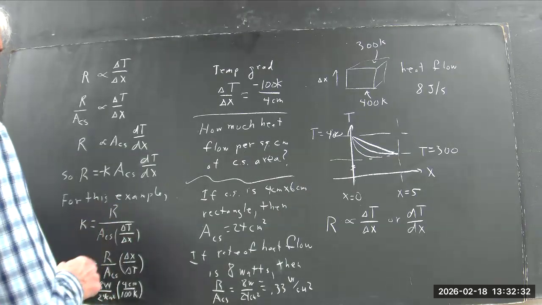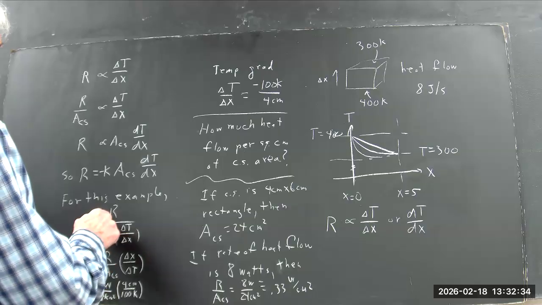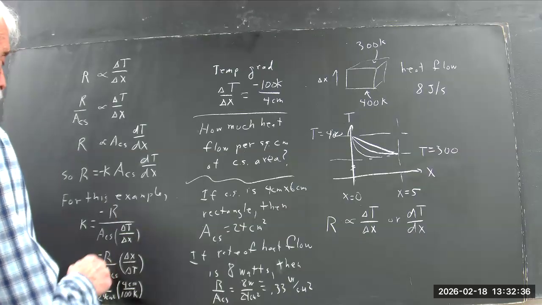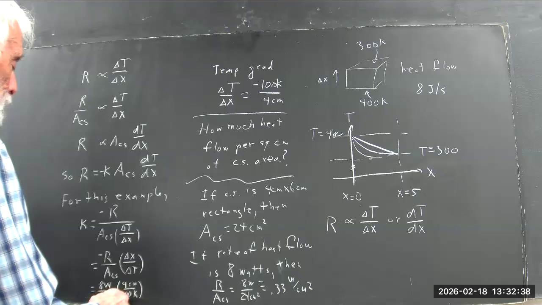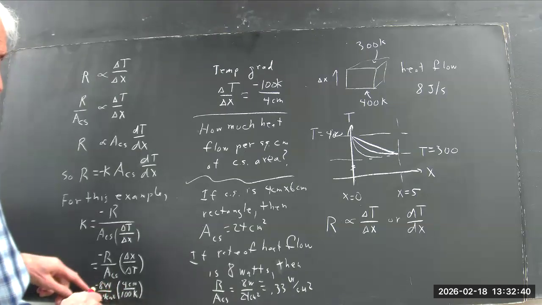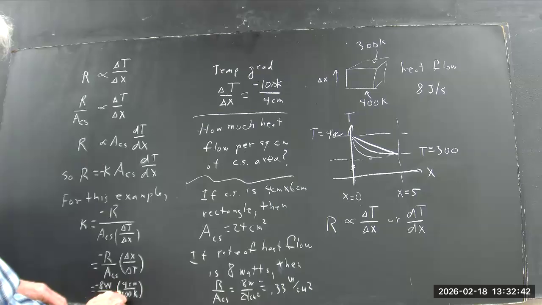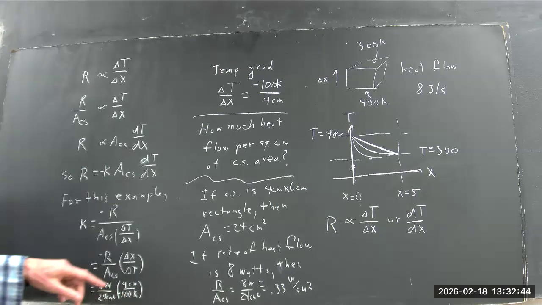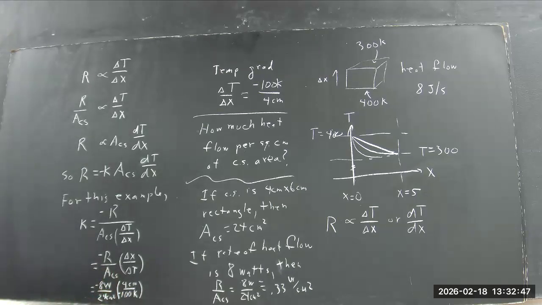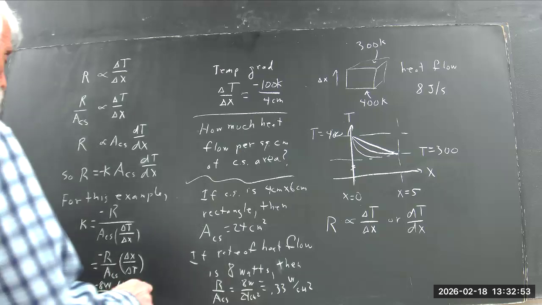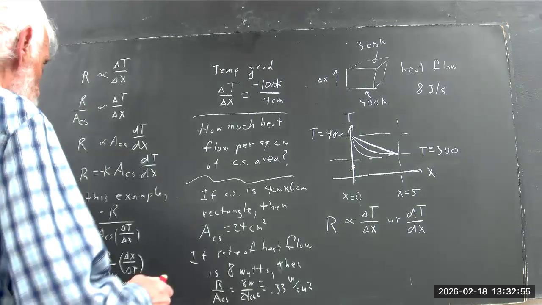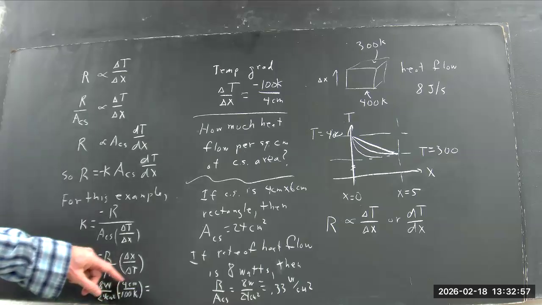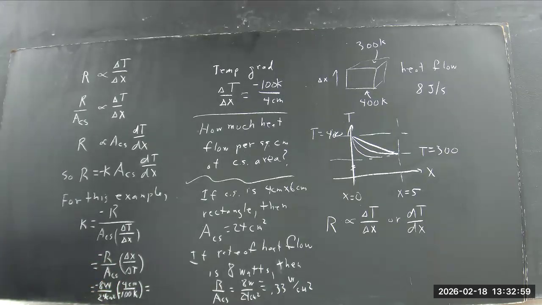So keeping the negative signs in here, I have a negative sign in front of the left side, but I have a negative 100 K here for the delta T over delta X, which is consistent with what I wrote up here. Well, what's that equal? Well, the numbers come out real nicely. 4 goes into 24 6 times.